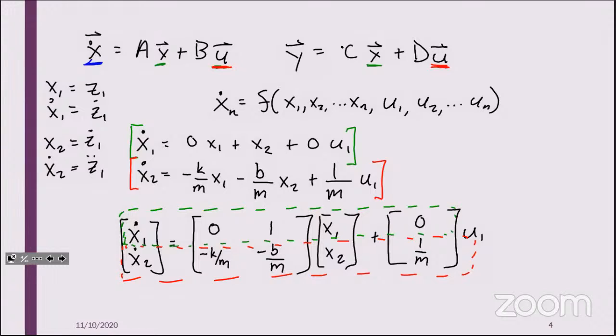The output equation is a little bit different because for the output equation, we need to define what y is, right? And y is our output. So what are we interested in measuring? That is what we need to figure out with y. And typically, you'll see in the problems, like in the homework and on the coming exam, if you're told to measure a certain quantity, then that's what you should be using for y.